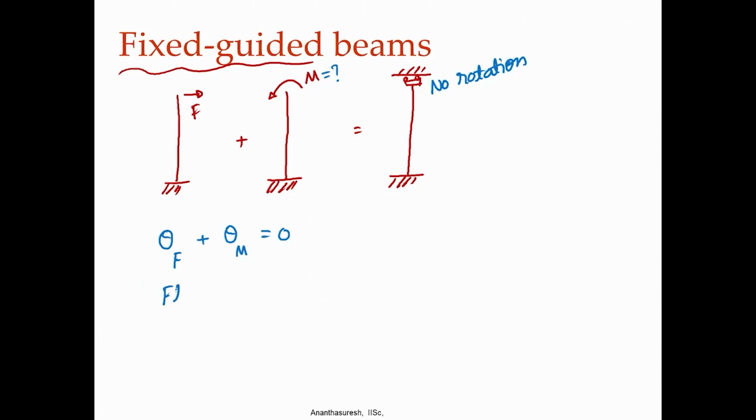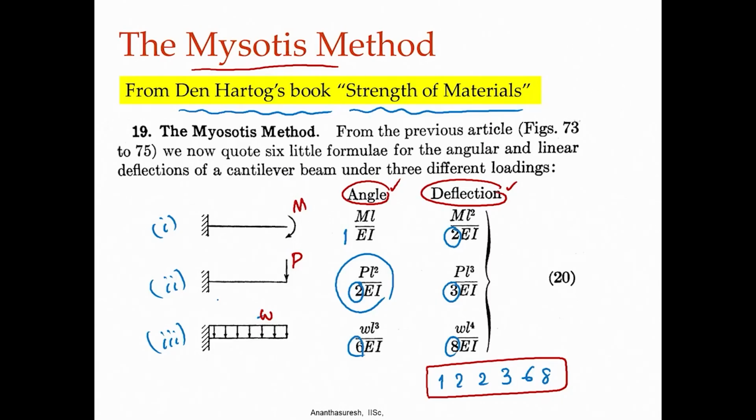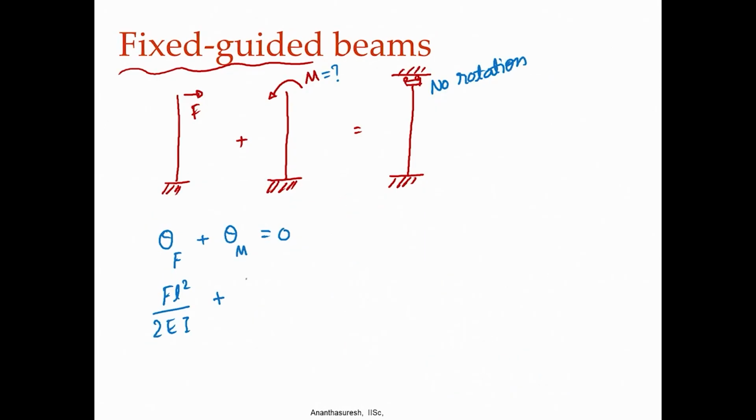So, FL square by 2 EI, and then due to the moment, that is ML by EI, that is 1, that 1 here, right, ML by EI, that is the angle. So, we have FL square by 2 EI plus ML by EI equal to 0, which means that M is equal to minus FL by 2. Okay, moment will be in the opposite direction to what we assumed there.